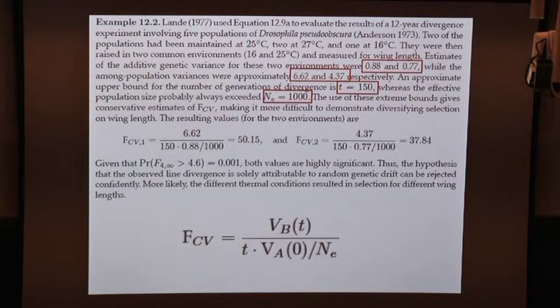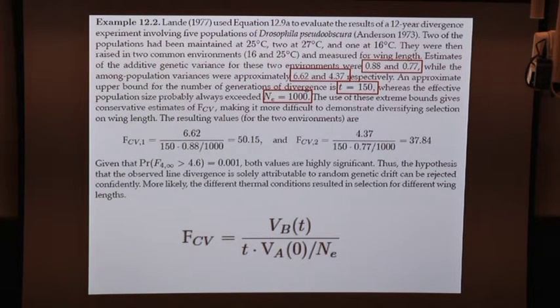So therefore, there's good evidence to suggest this divergence we see in temperature over the 150 generations. You'll notice 150 over 1,000 is still pretty small. We're still in the regime where we're partitioning initial variation. So there's strong evidence that this divergence we see in laboratory populations was not driven by drift, but rather was driven by something else. There's too much between group variance.